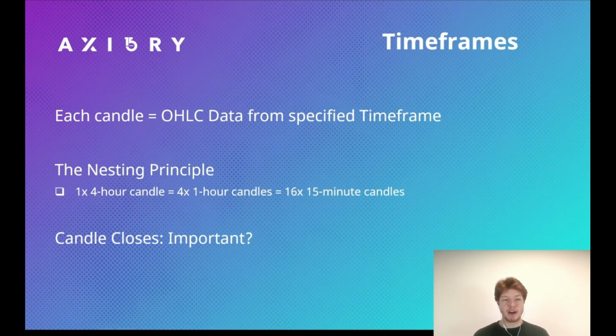Also, something I often see in trading advice, especially with strategies for beginners, is that there's a lot of importance on candle closes. This is already a slightly more advanced tip, but one I thought was very important to give you immediately, because I do see some dangers with this kind of approach.